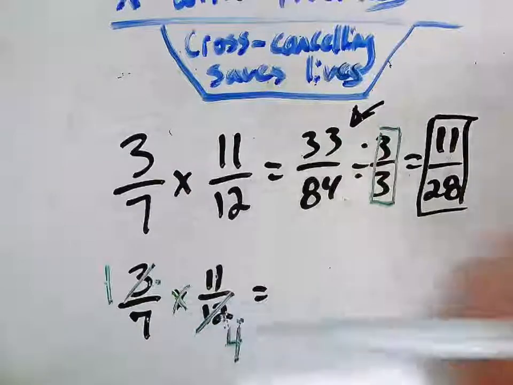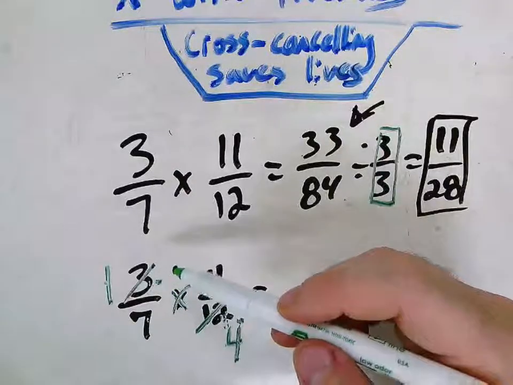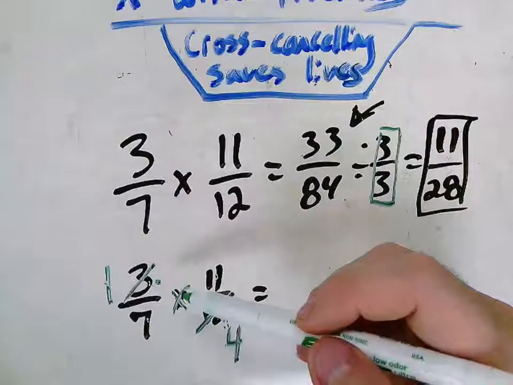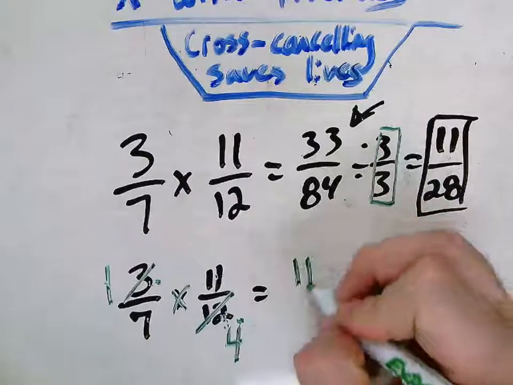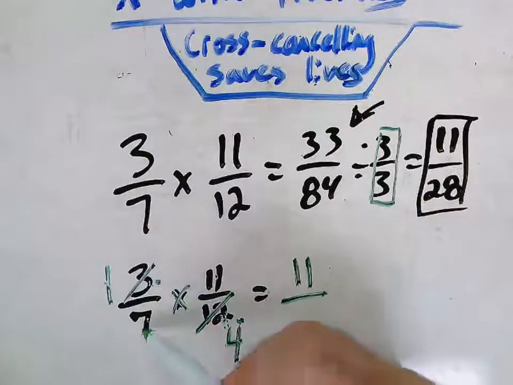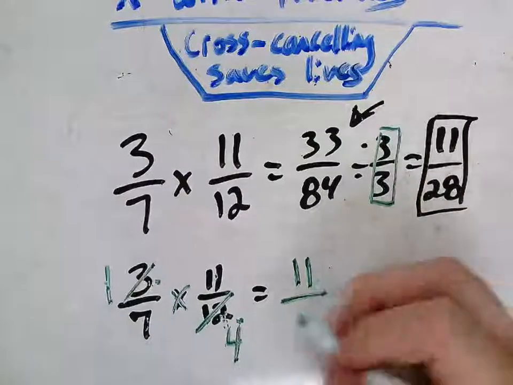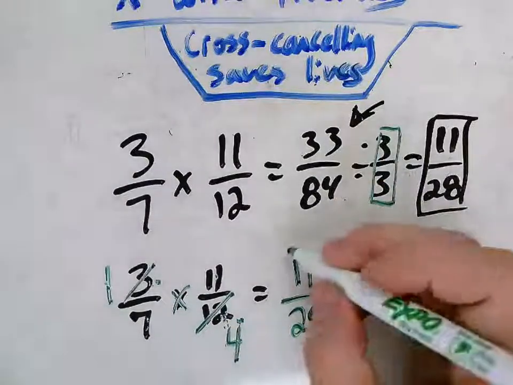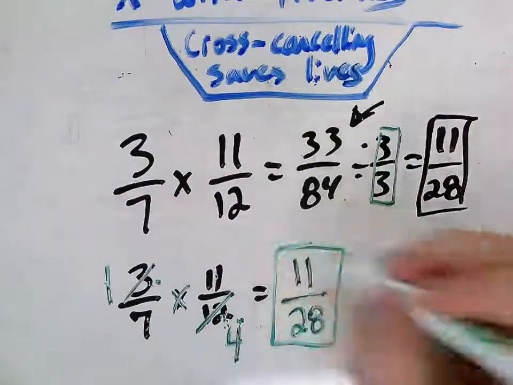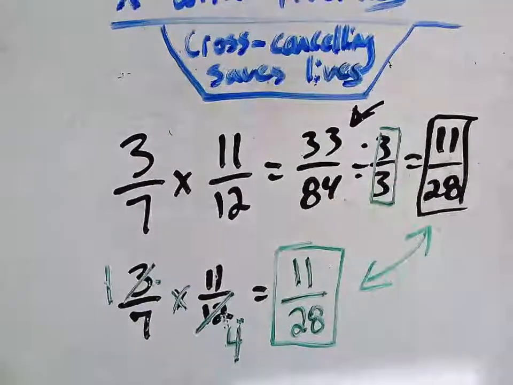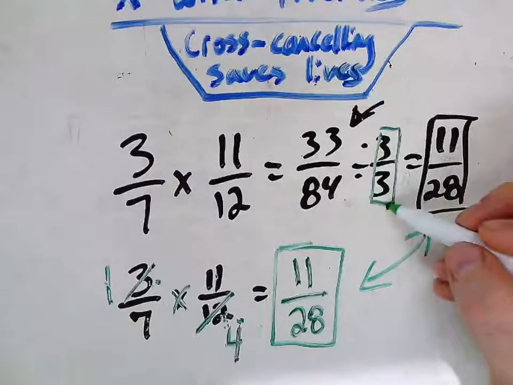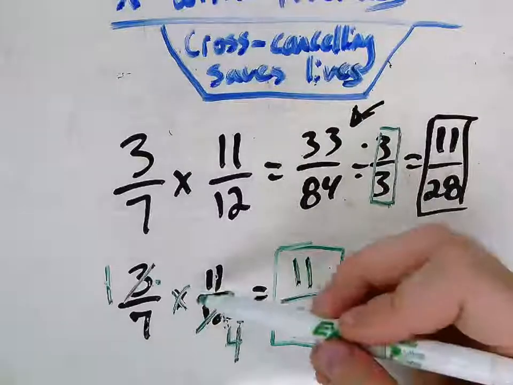Multiply, like normal. What is 1 times 11? You just get 11. Then 7 times my new term 4 is 28. And lo and behold, we get the same answer, but without that simplification process because we did it earlier on.